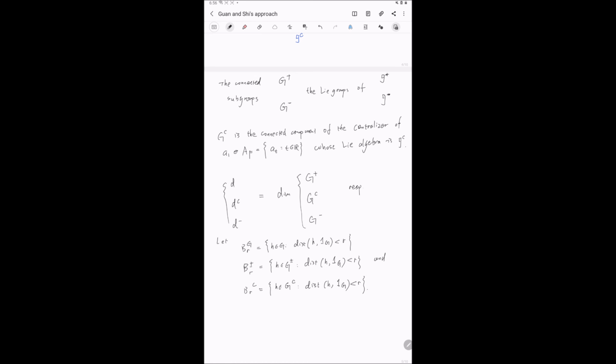And finally, we let mu be a Haar measure on G plus, with the measure of this unit ball equal to 1.